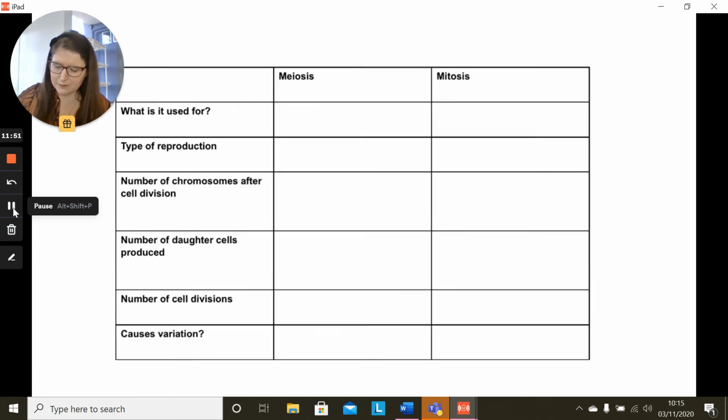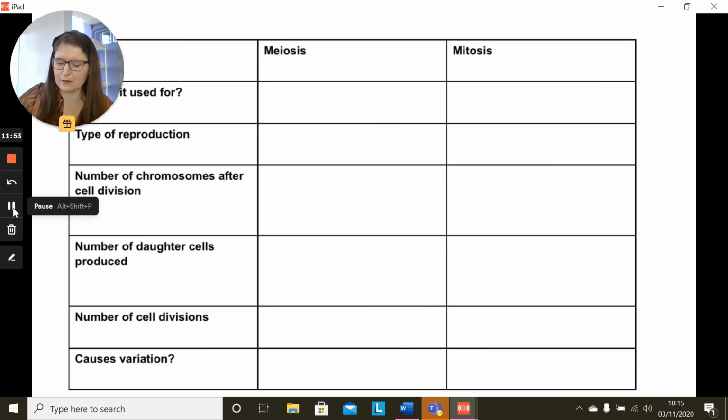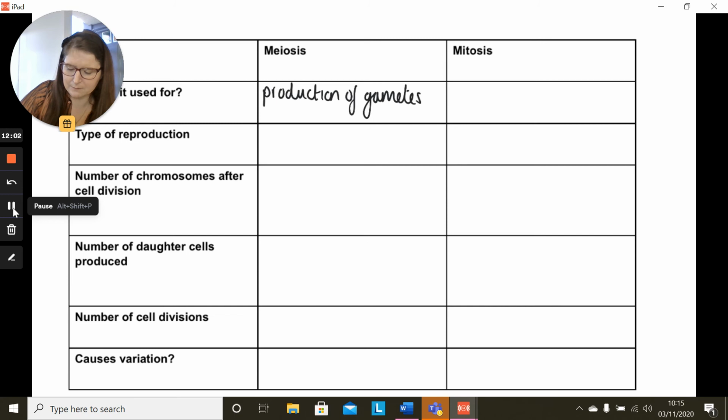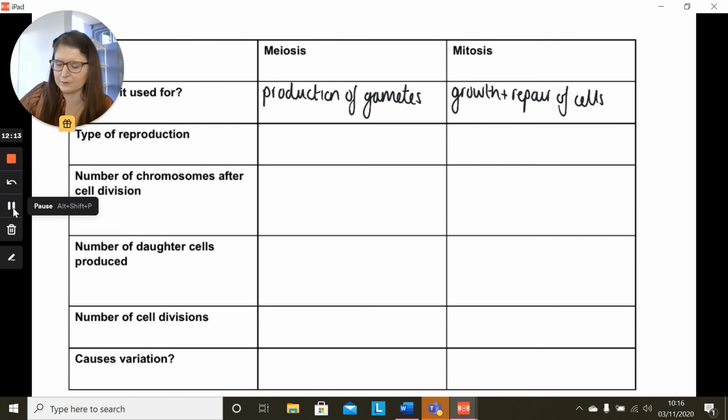So if we go through very quickly, what is it used for? Meiosis is used for the production of gametes. Mitosis is used for growth and repair of cells. The type of reproduction: meiosis is sexual reproduction, mitosis is asexual.